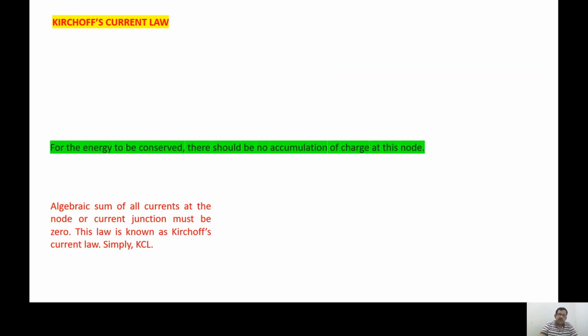So for Kirchhoff's current law, let me take the same node. I'll draw the diagram over here. So this is my current source, and this is say I1.